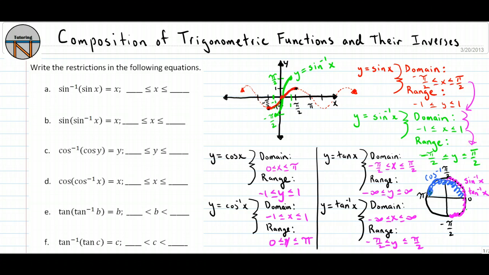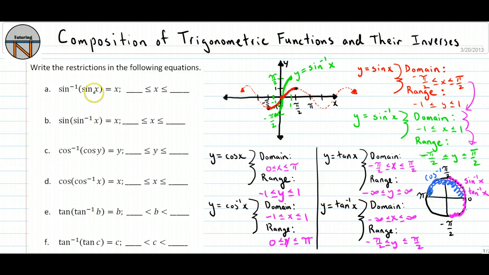All right, so why am I pointing this out? Well, if you're doing a composition and the outer function is sine inverse, cosine inverse, or tangent inverse, okay, the final answer has to be an angle. So, if you think about that, we're starting with negative pi over 2 to positive pi over 2.